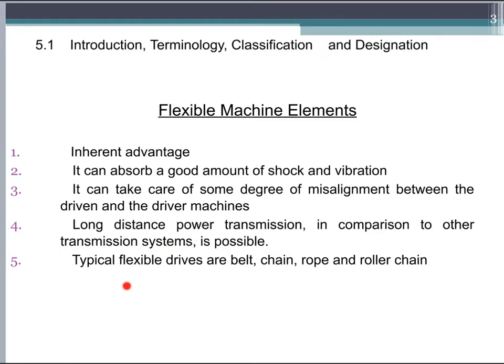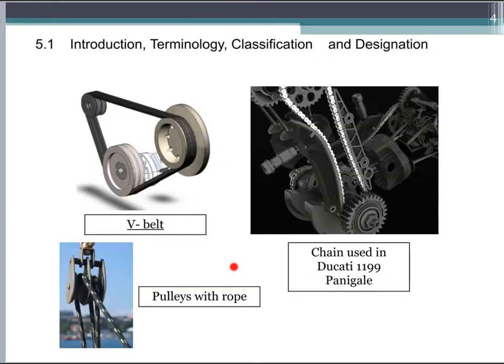There are several types of flexible drives out there. First is belt drive, and then we have chain, rope and roller chain. As you can see here, there are 3 figures, and all of them are flexible types of machine element.